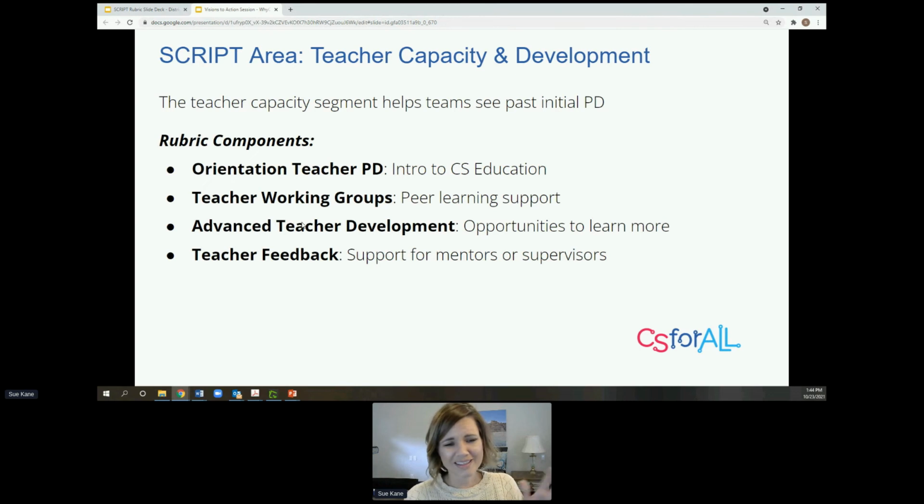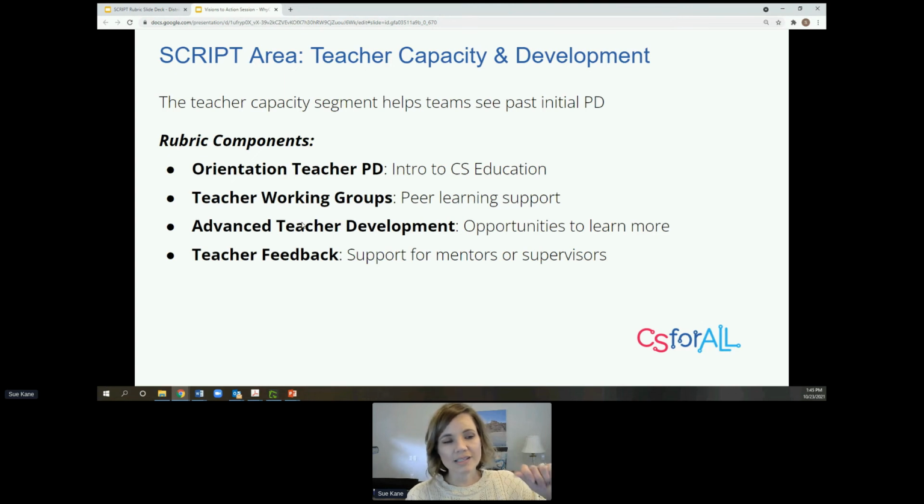So once I've had that initial orientation, is there anything where we come back and do a little bit more about where am I getting stuck or where am I having some challenges in the implementation, and maybe meeting the needs of diverse learners? So you'd make an assessment there. And teacher feedback. Do my teachers actually ever get any kind of access to a mentor, or does my supervisor come back and check in and say, do you have everything you need to be able to do this with students?